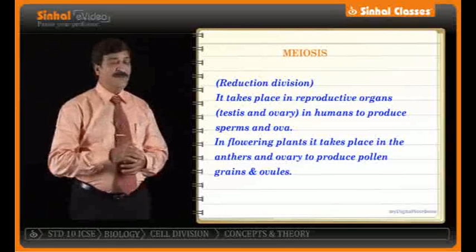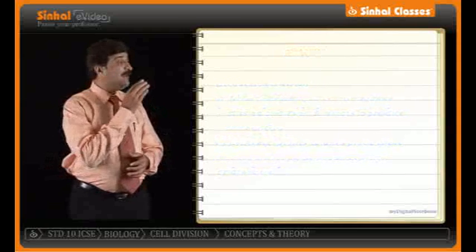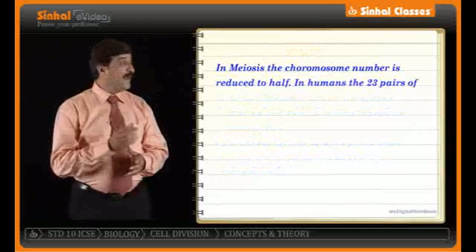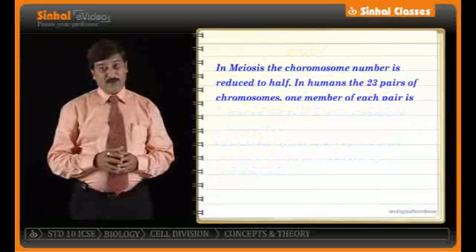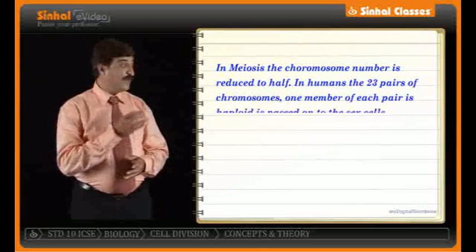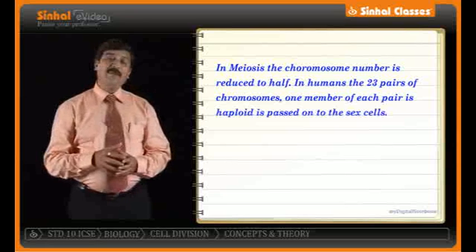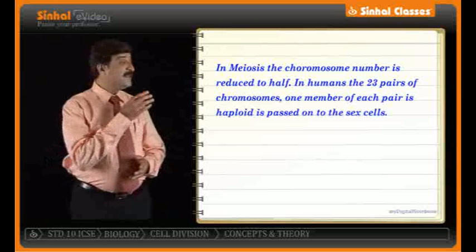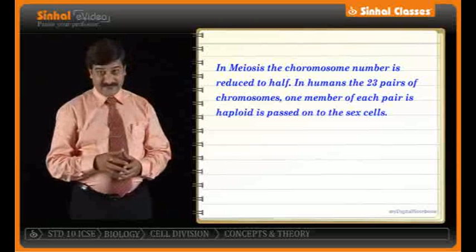So, coming back to meiosis, in meiosis the chromosome number is halved. In humans, we have 23 pairs of chromosomes. One member of each pair is haploid, which is passed on to the sex cell.